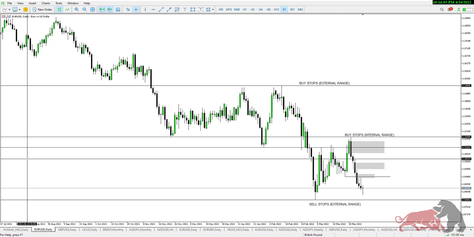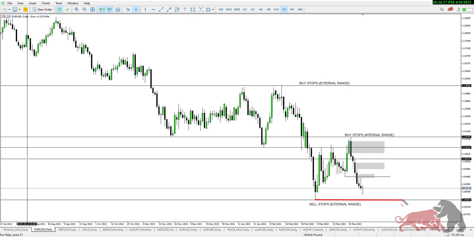We've got our 7 March low here, and you can clearly see price did not trade below the low of 7 March. Price did not create a new lower low on Euro USD.